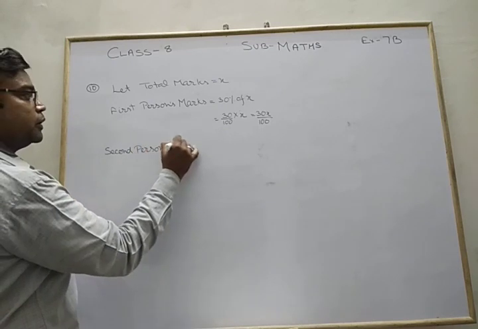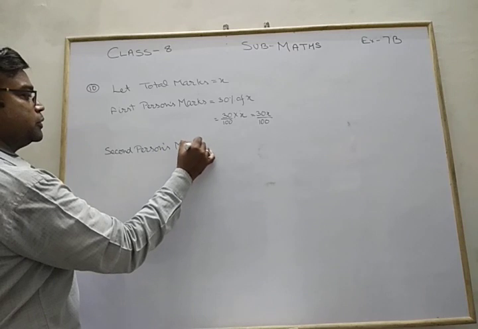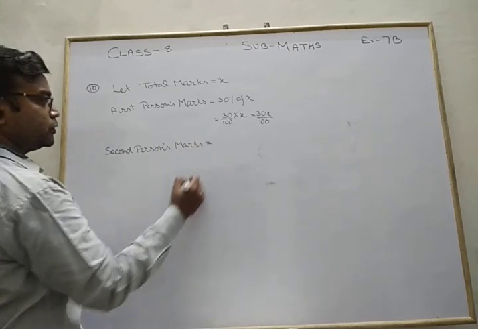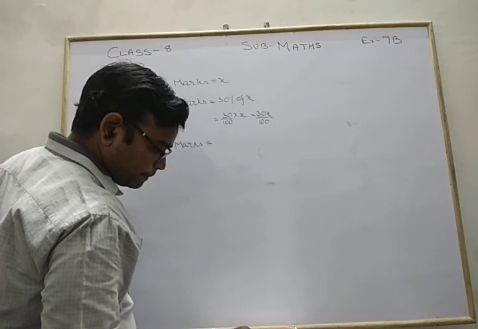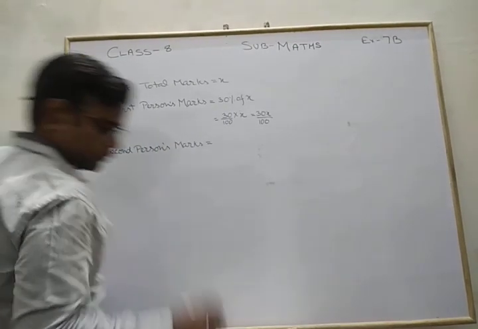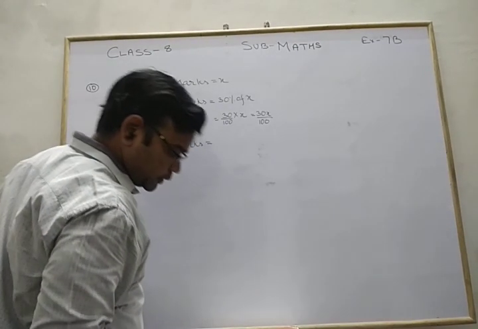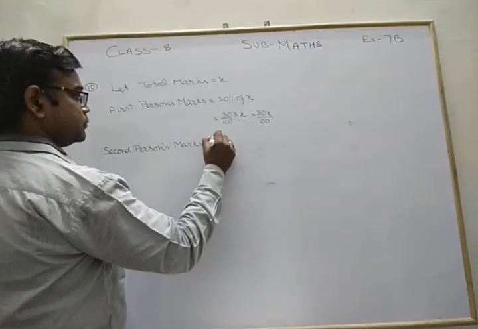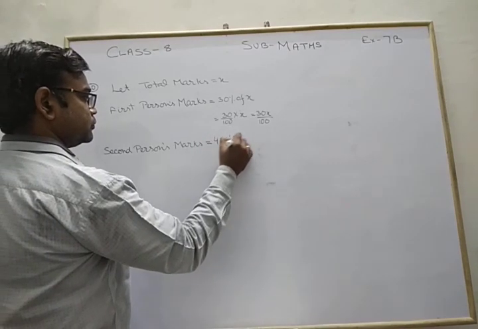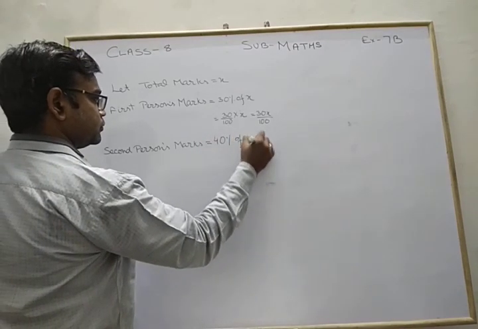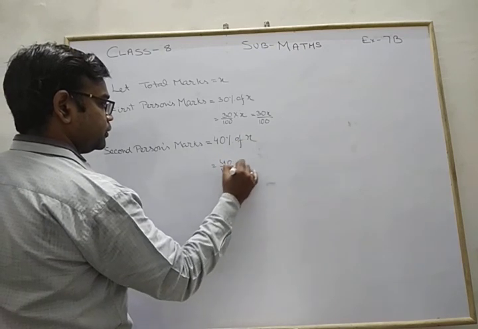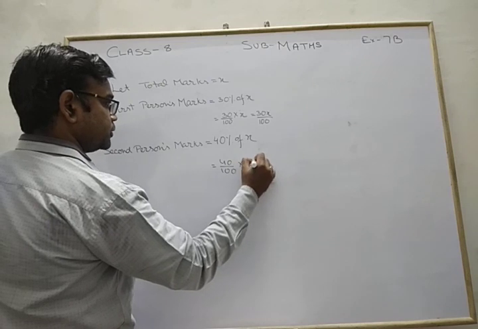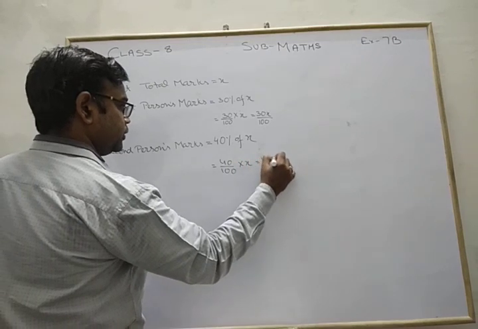Second person's marks equals, he received 40% marks. It's 40 upon 100 into x. It's 40x upon 100.